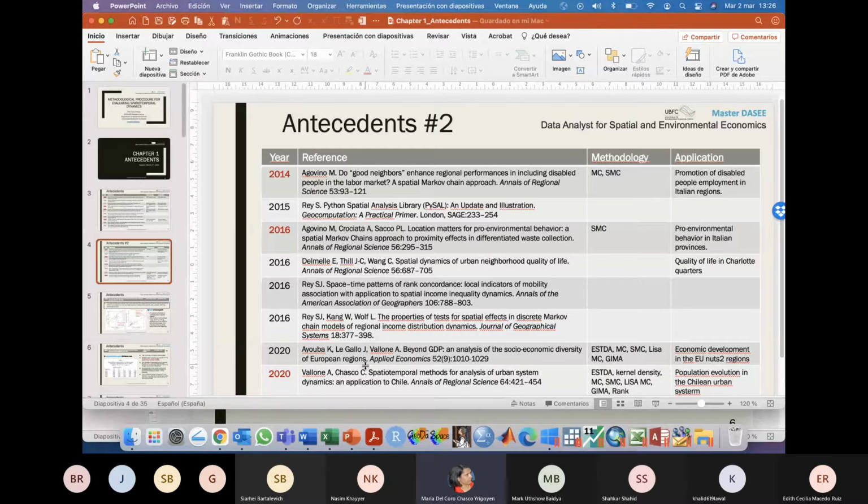Now with COVID, it has been applied a lot. So it is interesting because these are tools, so you can apply them to whatever phenomenon that deals with spatiotemporal dynamics. You want to observe the dynamics in space-time of something. It is interesting to know this methodology.